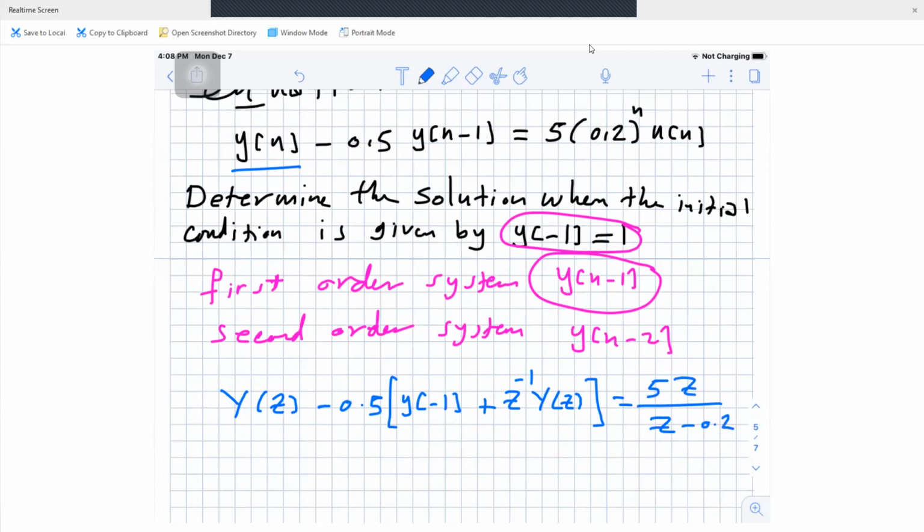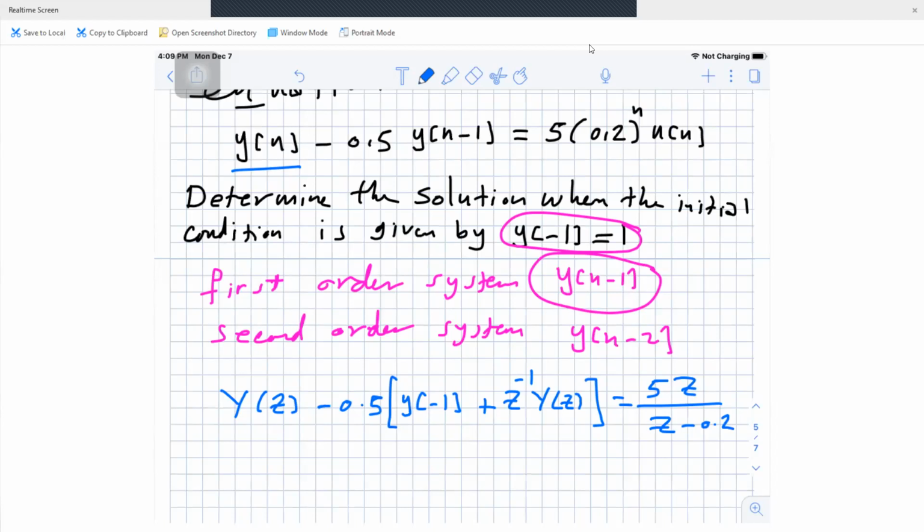Okay, now we have determined the Z transformation for both sides of the equation. Now, what will be the next step? Look, in the first step we have determined the Z transformation for the right and left sides of the equation. So the Z transformation for y of n will be Y of z minus 0.5.